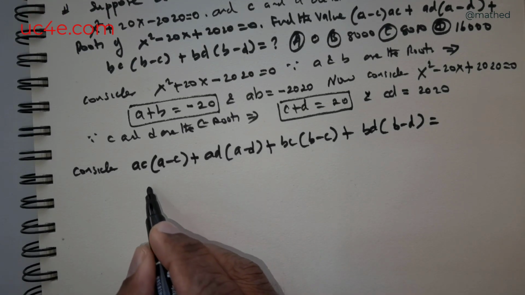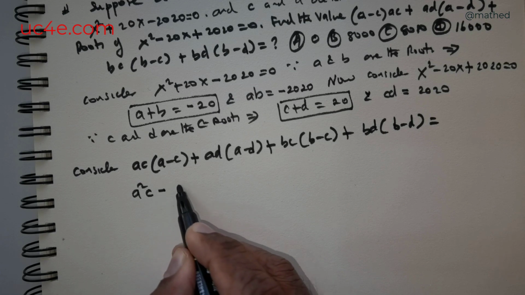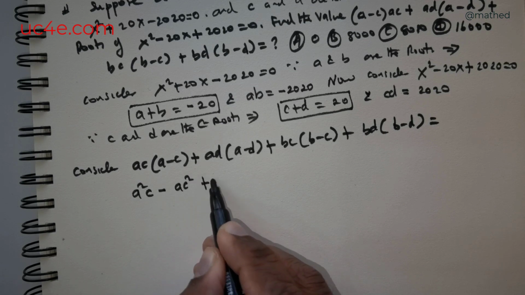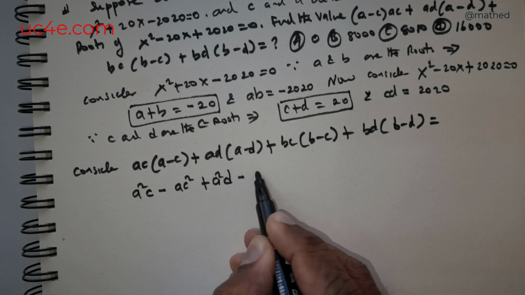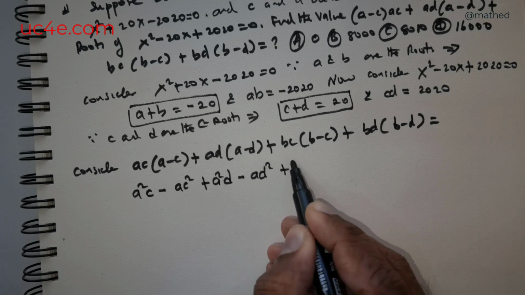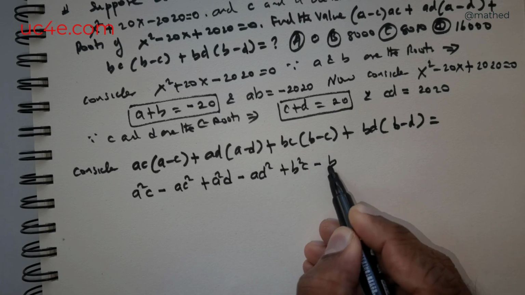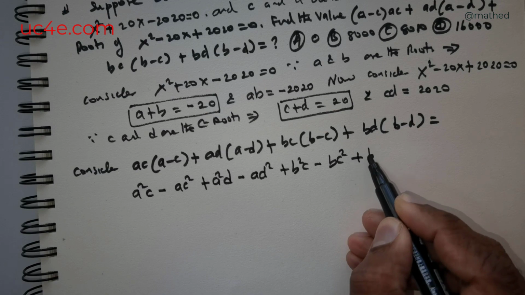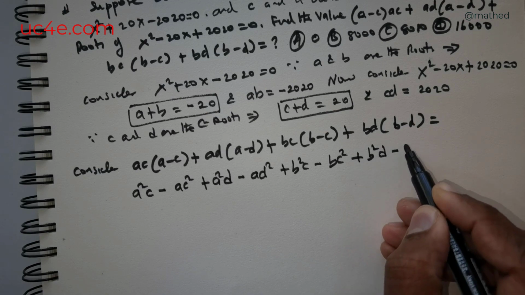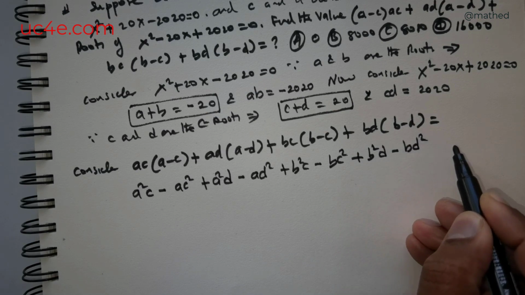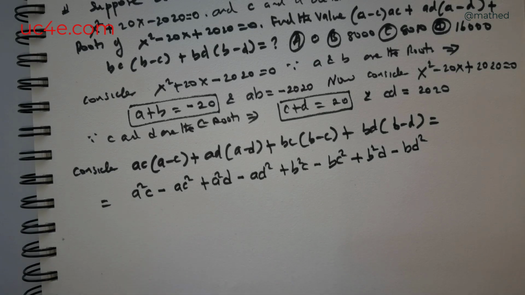Just distribute the quantities. AC times A is A squared C, minus A times C squared, plus A squared D, minus A times D squared, plus B squared C, minus BC squared, plus B squared D, minus BD squared. This is what we have got.